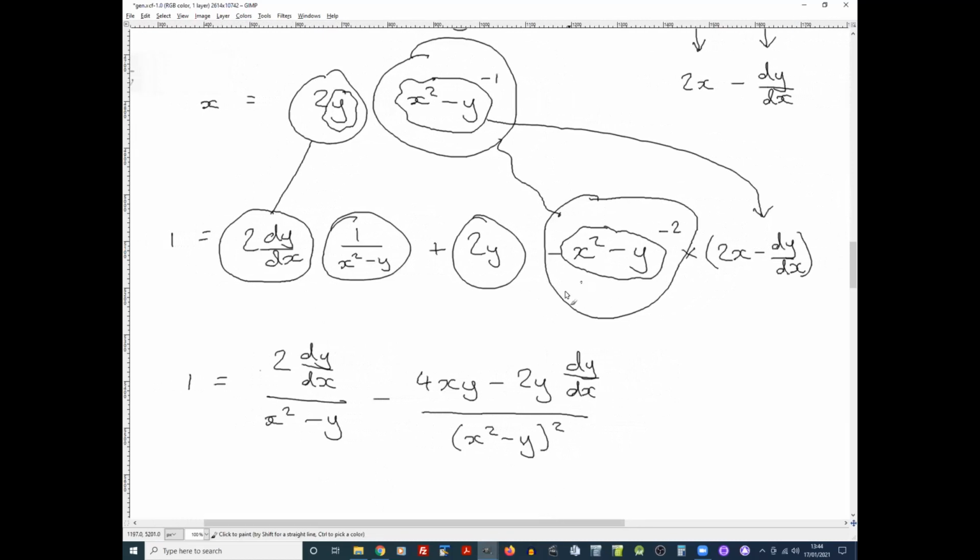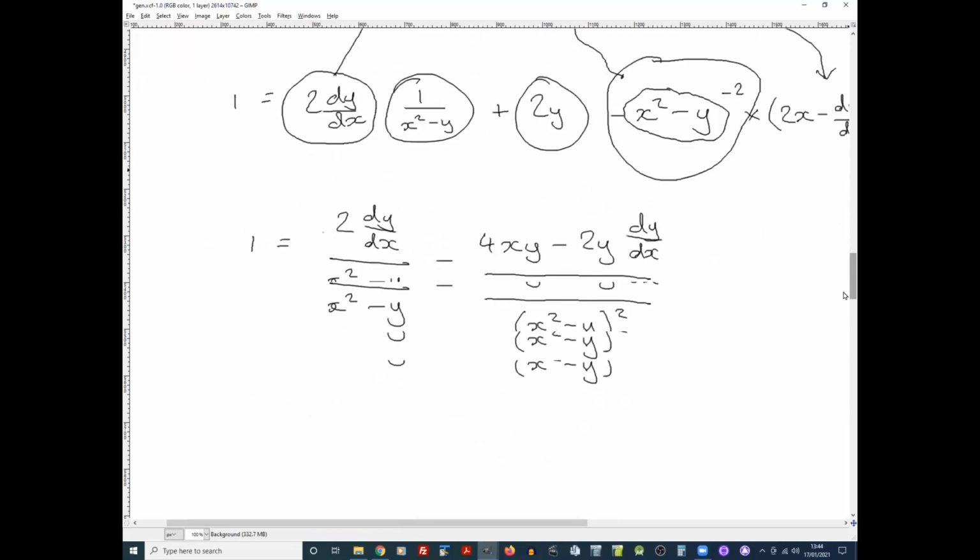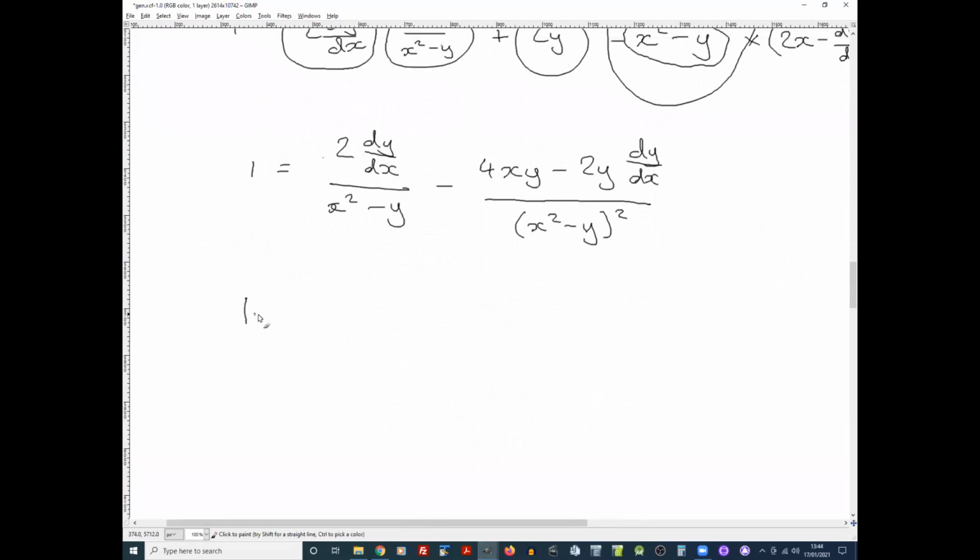No, but that's good. I'm still just checking this. 2y. Yeah, that's all good. And now the common denominator. Go ahead. 1 equals 2x squared dy dx minus 2y dy dx. You can't, unless you're going to expand that square very carefully. I think you're going to have to leave it as.